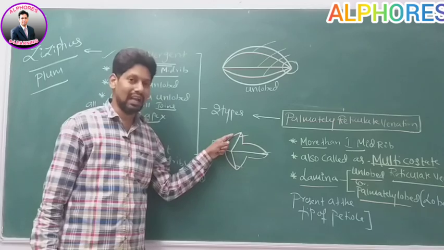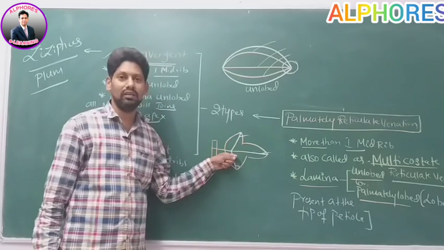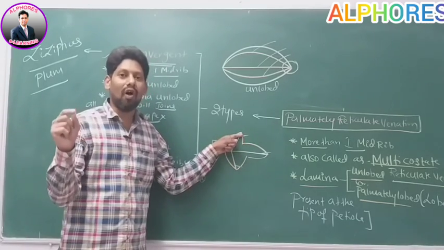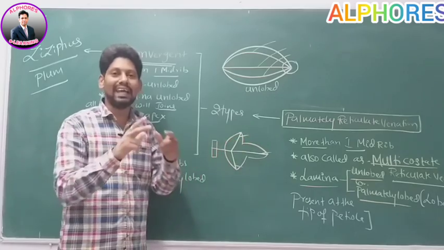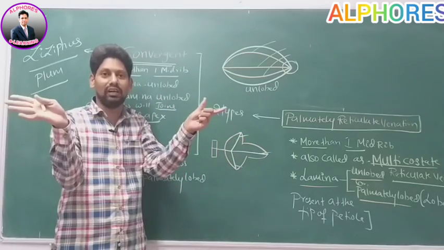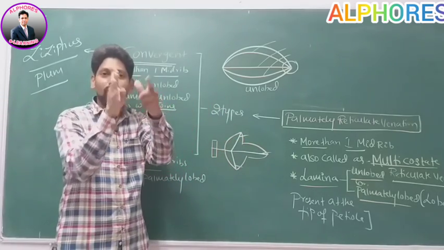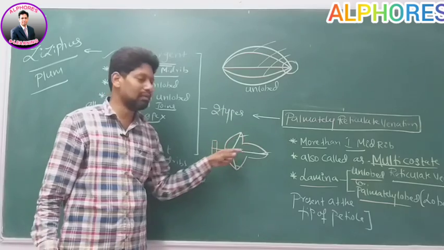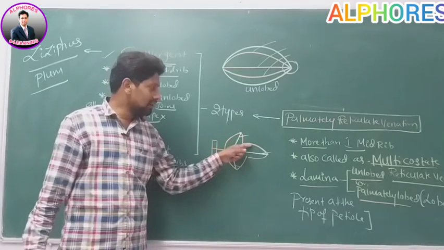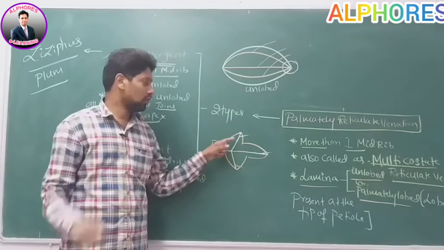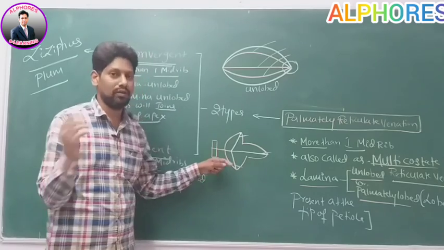Sir, as the lamina is lobed, the midribs are not joining at the leaf apex. Divergent means diverging. They are not coming to one point, they are moving away. Why, sir? Because the lamina is lobed. Each lobe receives one midrib. So the number of lobes is equal to the number of midribs.